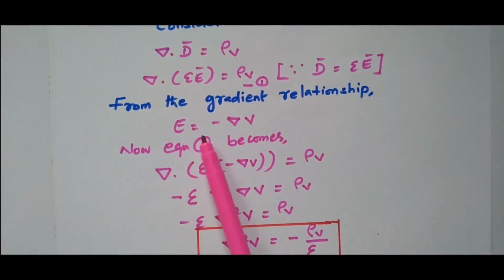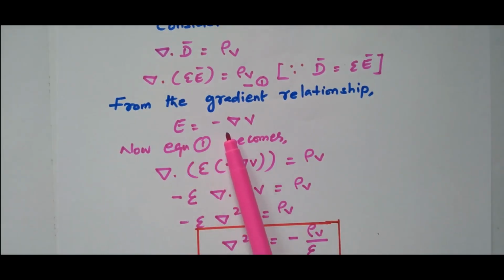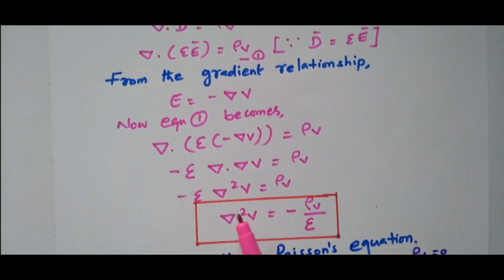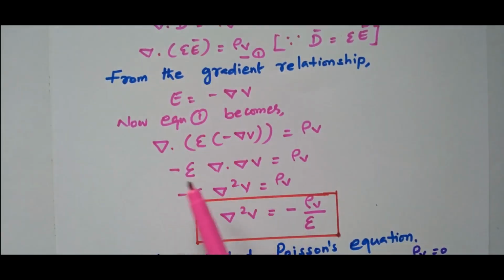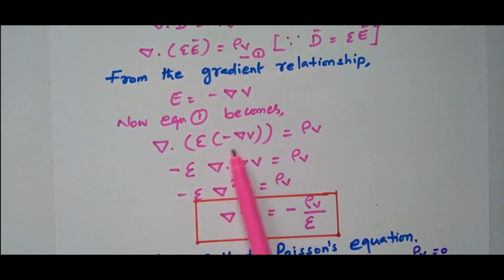But E equals minus del V. Another relation is available: electric field intensity equals the negative of the potential gradient, E equals minus del V. Right. Now we substitute this E in the first equation. So del dot epsilon, here we are substituting E as minus del V, equals rho v. So what will happen? This epsilon is taken outside, minus epsilon del dot del V equals rho v.